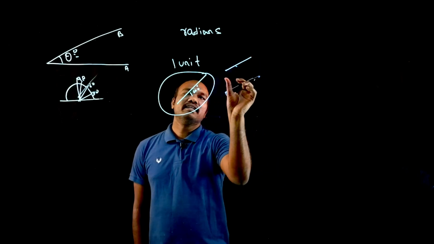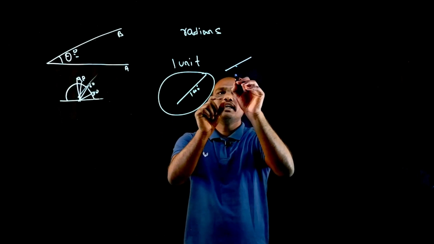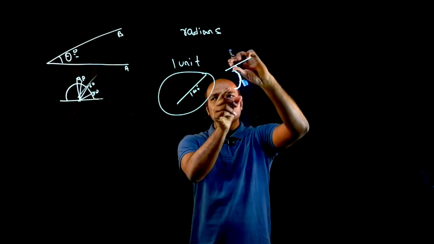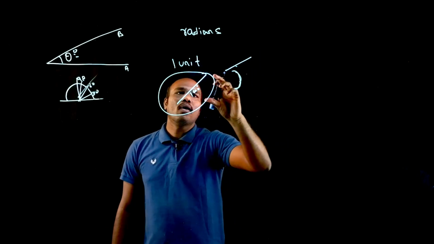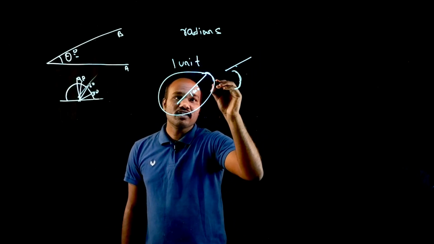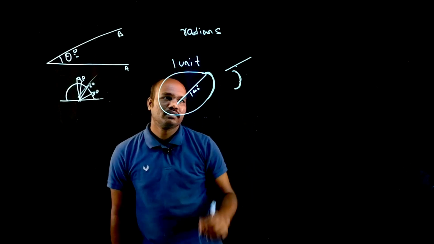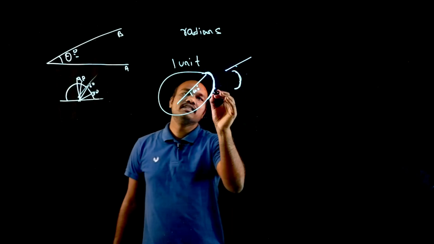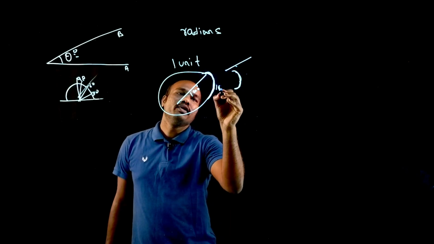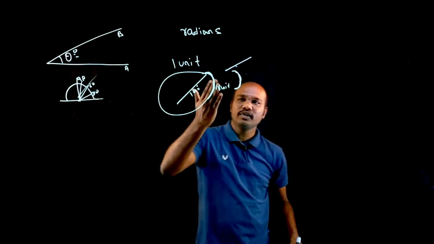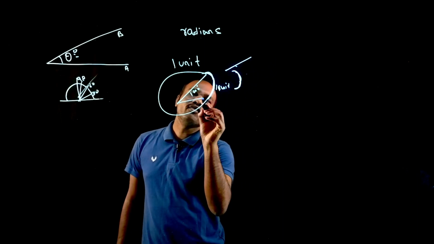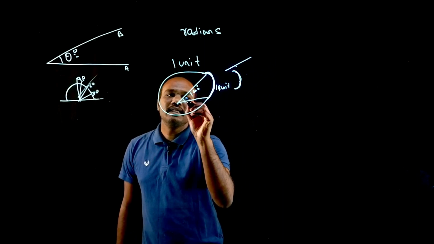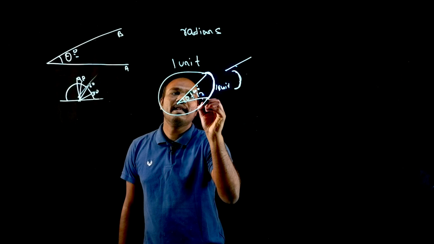If I bend this, it will become something like this. I put this on the circumference of the circle. So this is 1 unit, a centimeter, meter, anything. If I join this end of it, this theta, this measurement is called 1 radian.